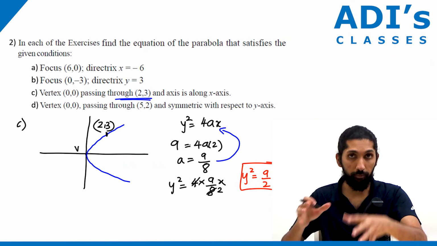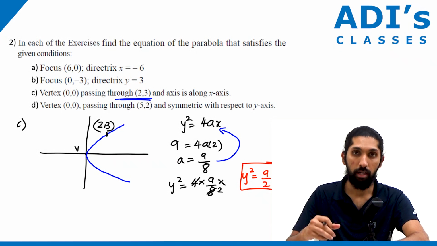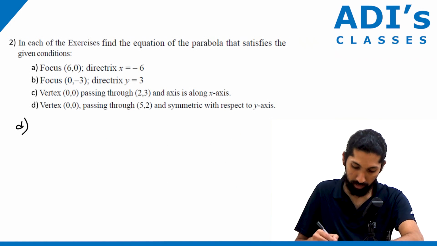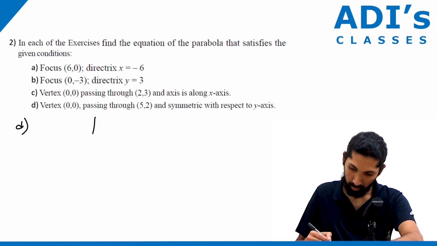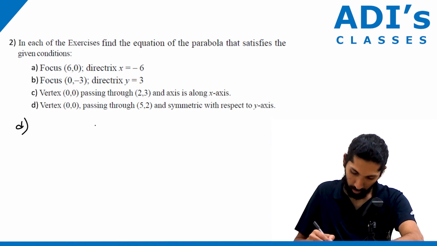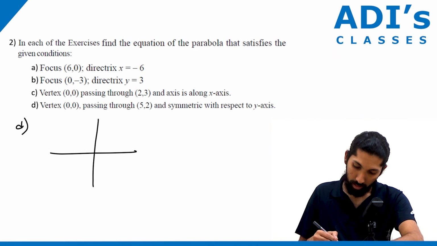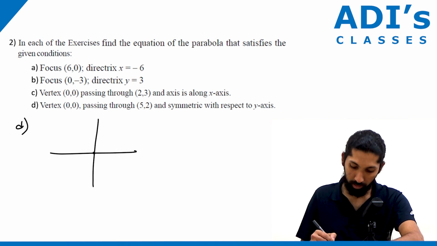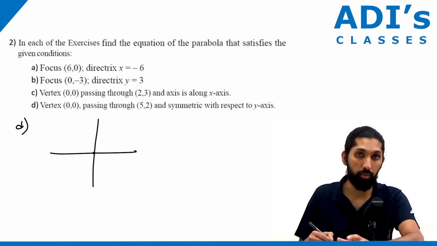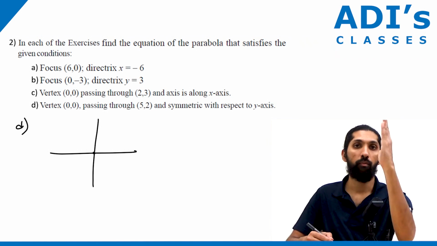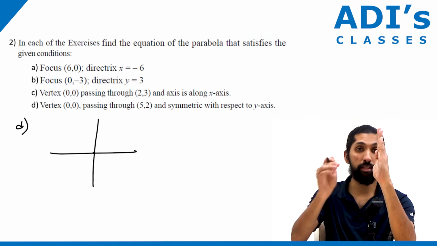Okay, very similar. You have the fourth one. Let's finish the fourth one. Again, vertex, you have the y-axis, you have the x-axis. Okay, vertex is 0 0 passing through 5 comma 2. Okay, but it is symmetric with respect to y-axis.